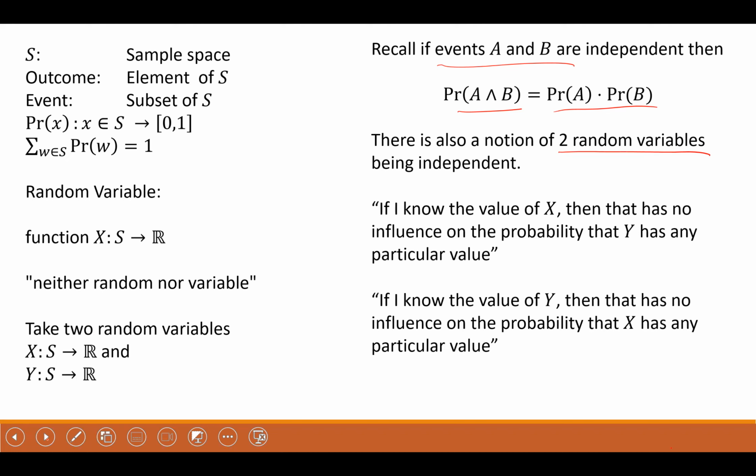And that works both ways, of course. If I tell you the value of Y, now I've ruled out all the other values of Y, but in terms of what X could be, all of those still have the same probability.